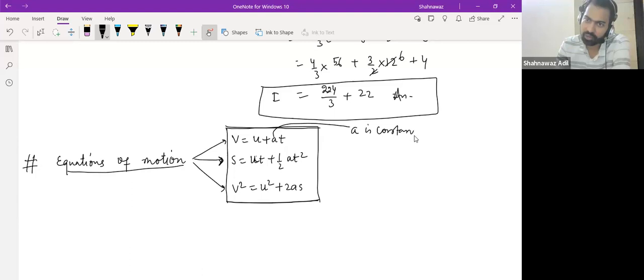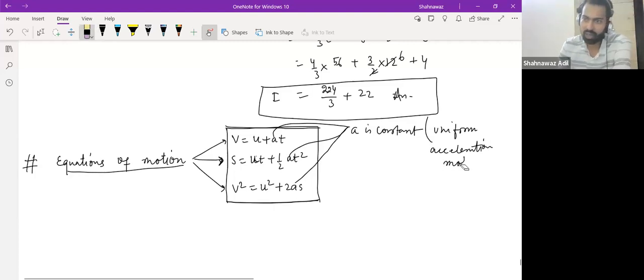For all these three cases, A is constant. Right, so uniform acceleration.